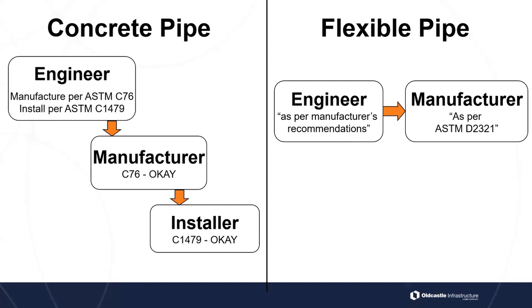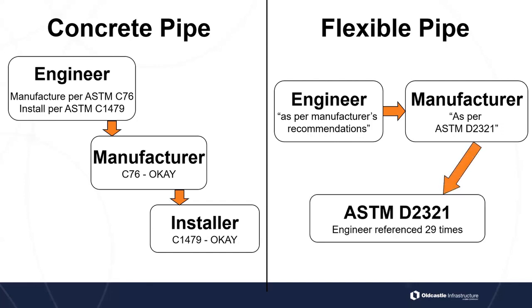However, this is where things get really, really interesting. In ASTM D2321, the engineer's responsibility is referenced 29 times. 29 times this spec calls out what the engineer needs to do, what the engineer's responsibility is to include in the plans and the specifications to ensure that this pipe is installed correctly.